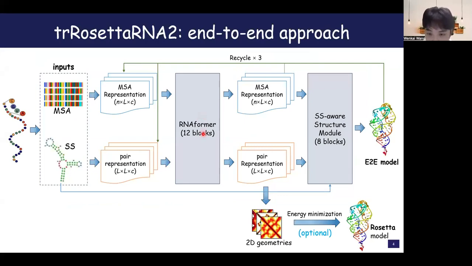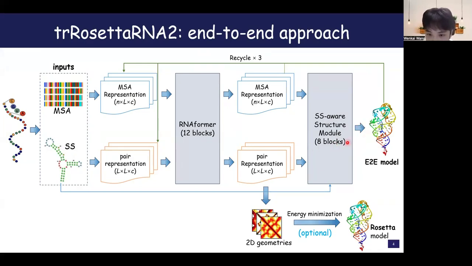After CASP15, we kept improving our method and developed an end-to-end approach, TR-RNA2. The inputs are still the MSA and the secondary structure, referred to as SS here, which are processed into two representations and updated by a transformer network, RNAformer. The main difference is that we now use an SS-aware structure module to directly predict the 4-atom structures through a neural network.